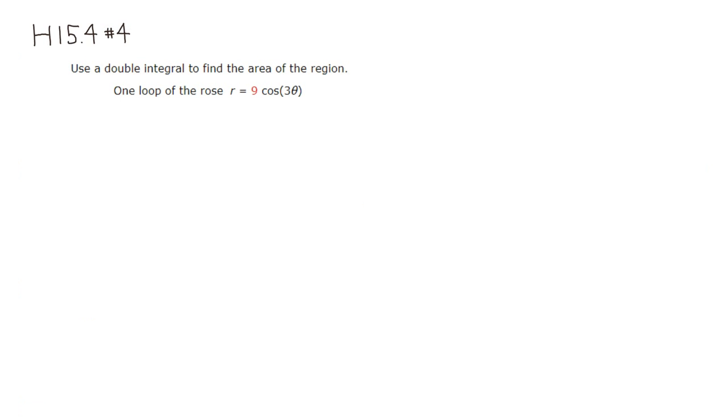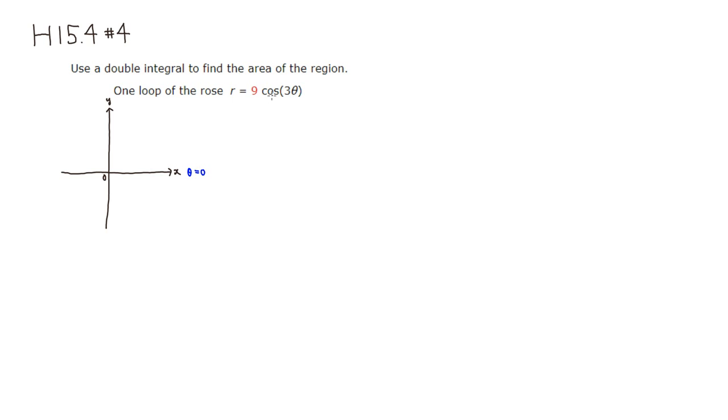First we need to draw a picture. Here is the x-axis, and here is the y-axis. I'm going to start with theta equals 0, which is the positive x direction.